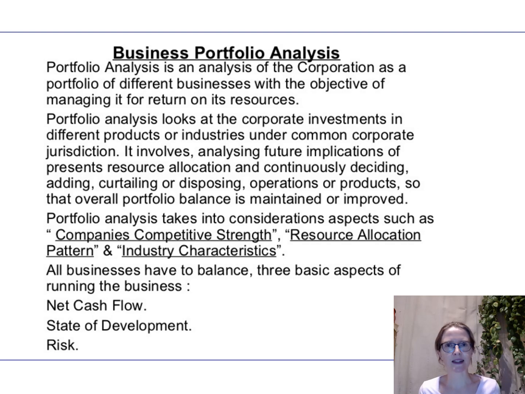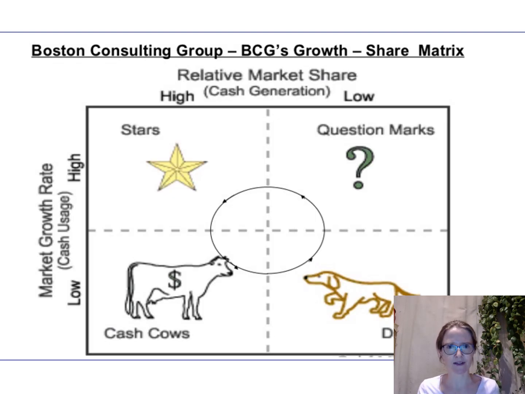It involves analysing future implications of the present resource allocation and continuously deciding, adding, curtailing or disposing operations or products so that overall portfolio balance is maintained or improved. It takes into consideration aspects such as the company's competitive strength, how it allocates its resources, its patterns and its industry characteristics. All businesses have to balance three basic aspects of running the business: net cash flow, state of development and risk.